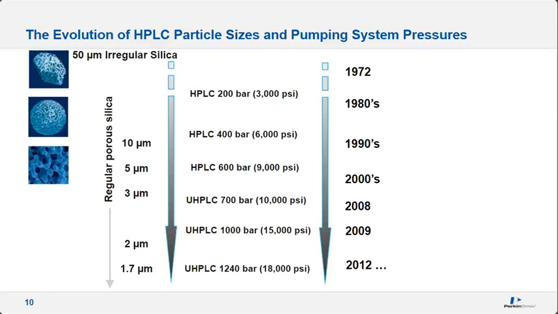So we can see the particle size progress until we achieved the sub 2 micron particle, which was introduced in about 2012. And this requires a much higher pumping system capable of pressures up to 1240 bar or 18,000 psi.